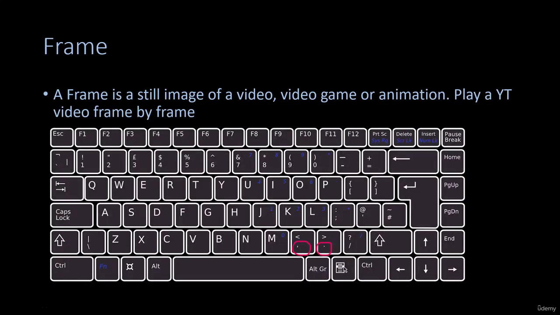Alright, what is a frame? A frame is a still image of a video game or animation. For you to better understand that, let's play a YouTube video frame by frame. To play a YouTube video frame by frame, you need to first pause the video and then use the dot key and the comma key to play the video frame by frame, forward or backward.